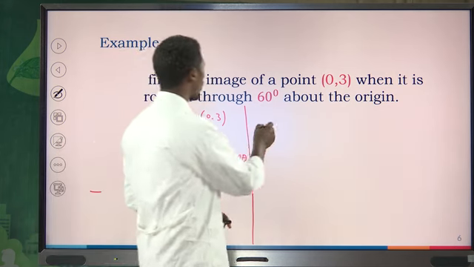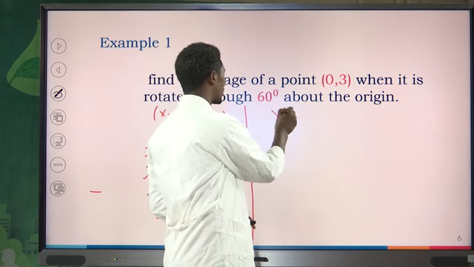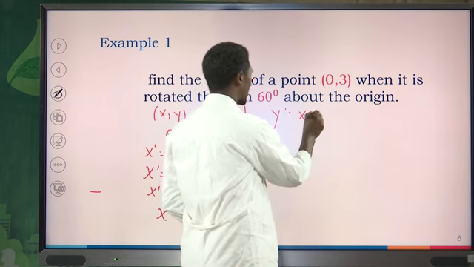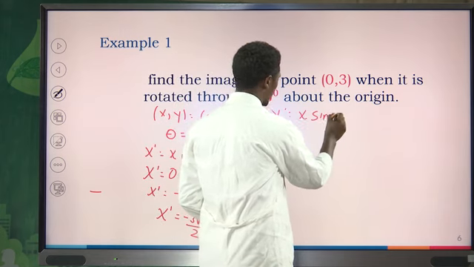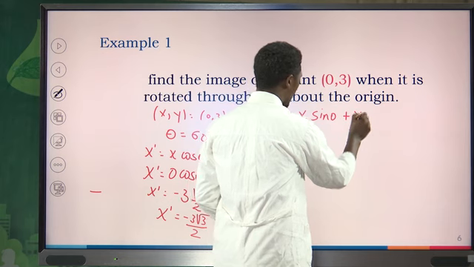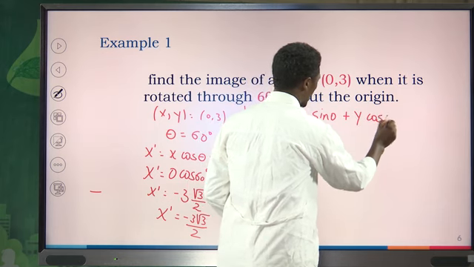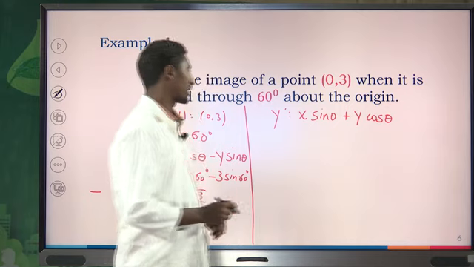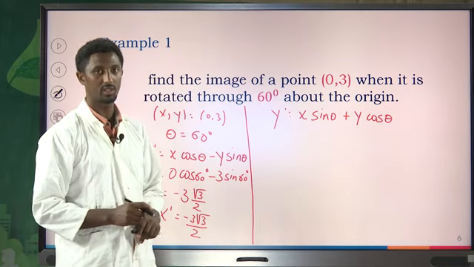Similarly, y' equals x sin theta plus y cos theta. So we can also find y' using this formula.